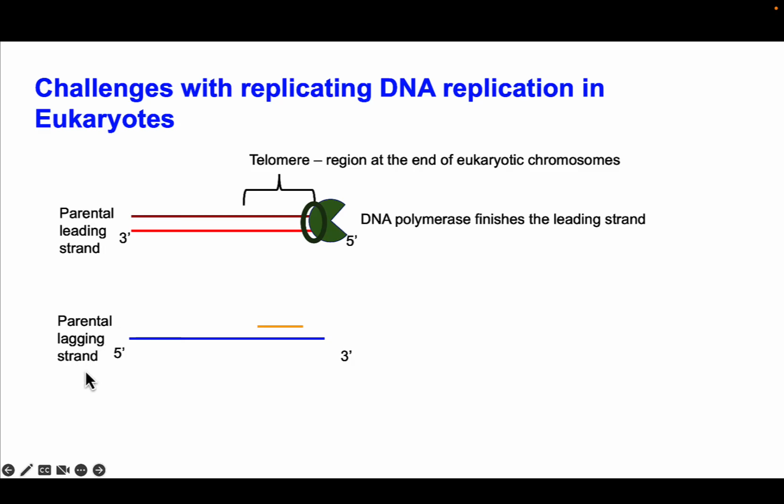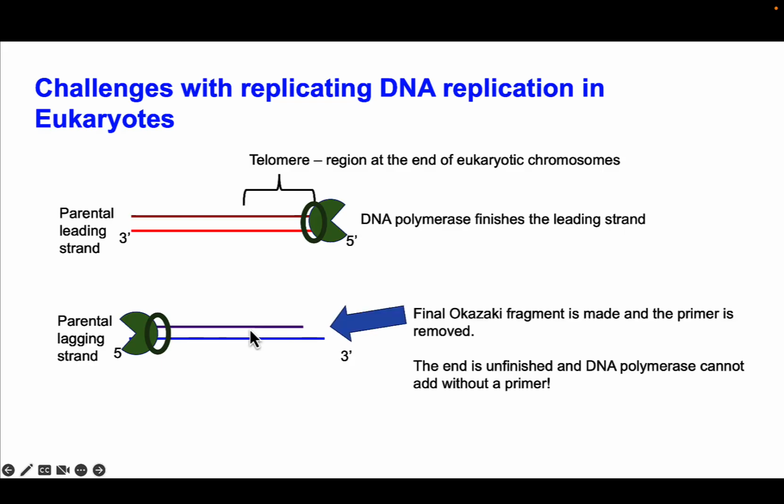In the lagging strand, we have our RNA primer added by the primase, and then we have our Okazaki fragment that the DNA polymerase fills in. Now, the next step is that DNA polymerase 1 and DNA ligase will work together to remove the primer. So the final Okazaki fragment is made and the primer is removed.